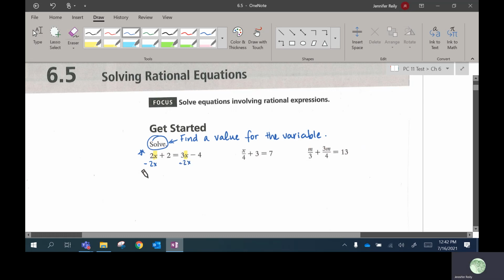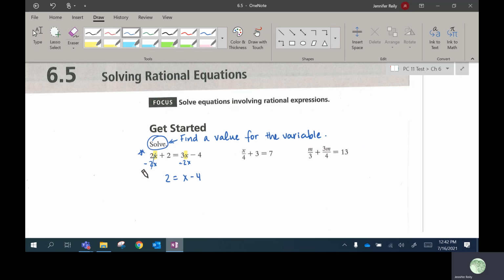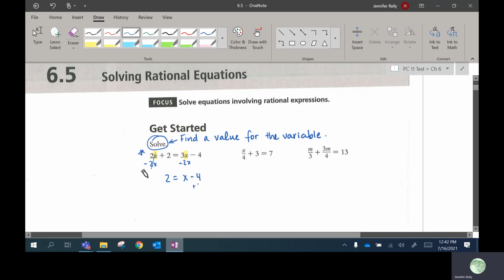You can also move the 3x to the left side, but this makes it positive, so I'll choose this way. So then I'll be left with 2 equals x minus 4. And now that you've got the x terms on one side, you just want to isolate the variable by doing opposite operations. So here I have a subtraction by 4, so I want to do the opposite of that, which is adding 4. And I have 6 equals x, or x equals 6.